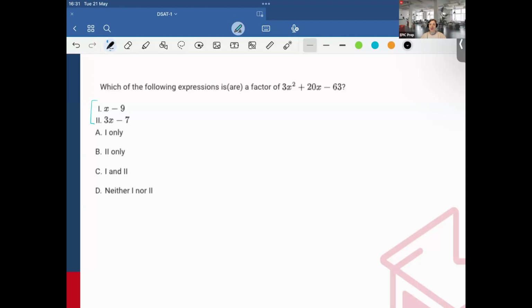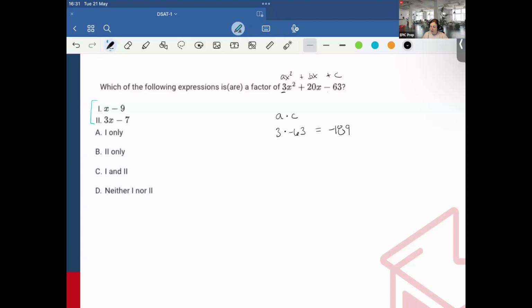Okay, so to do factoring where I have a coefficient in front of x squared, I want to find two values when I multiply. So remember, this is ax squared plus bx plus c. So it's two numbers that when I multiply a times c together, so in this case 3 times negative 63, which is equal to negative 189.